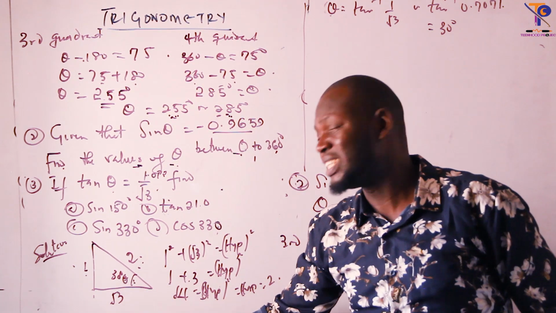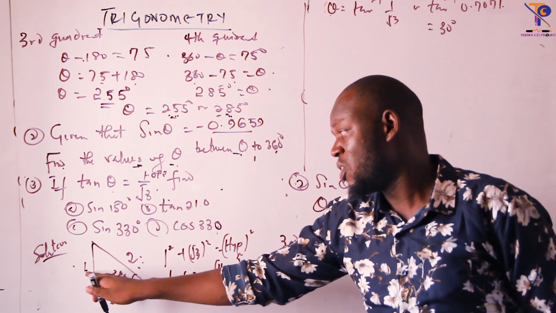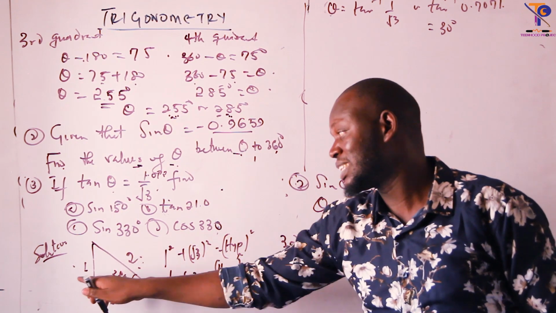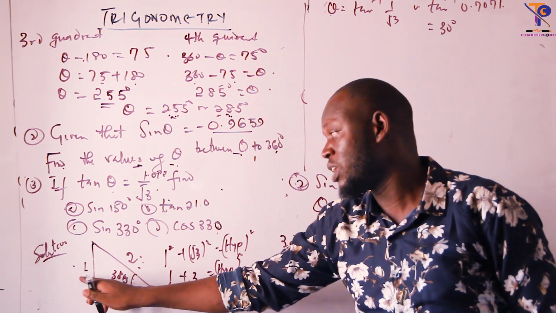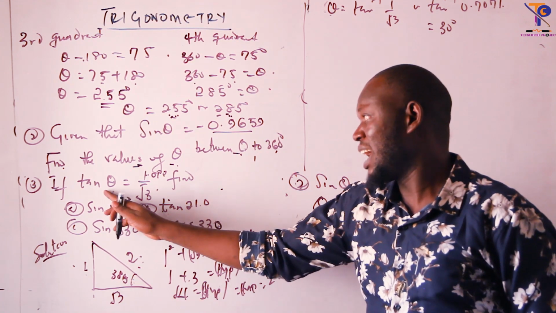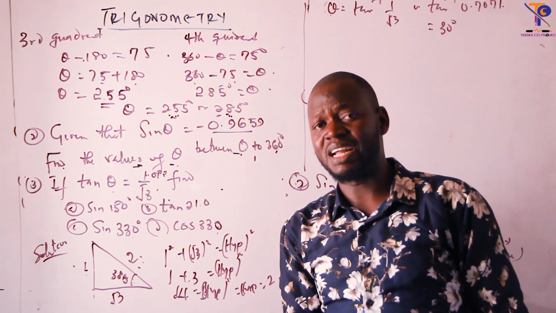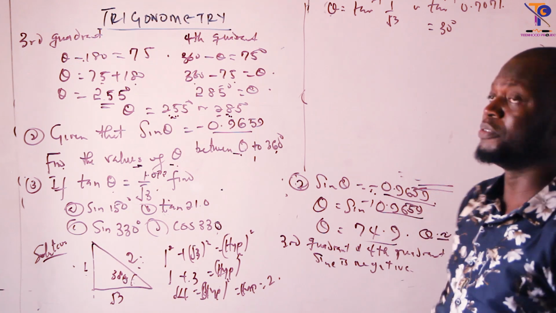Of course, I know it is 30 degrees here because this is opposite and hypotenuse, so this is half. So arc sine of 1/2 is 30 degrees. Don't forget 1/√3 gives us 30 degrees. That's tan 30. We have looked into this before.